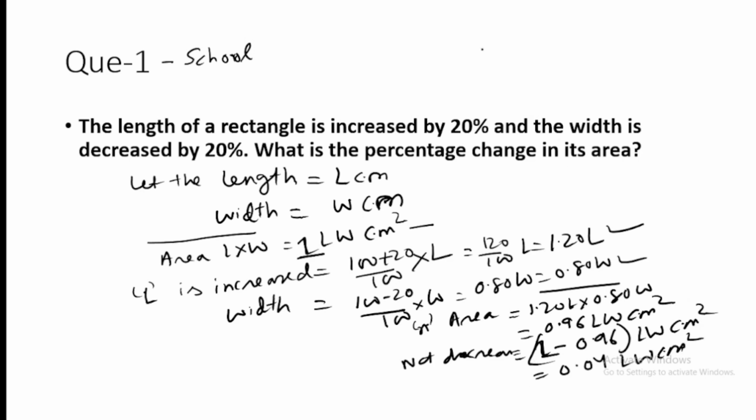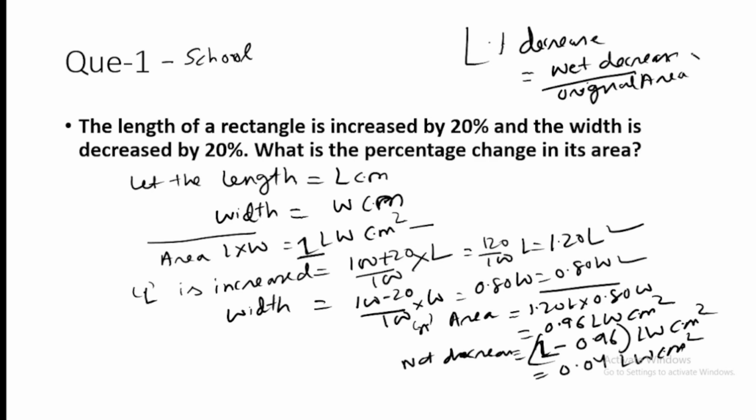Now I solve the same question here. The percentage decrease is equal to net decrease divided by original area into 100. This is the formula. Net decrease divided by original area into 100.